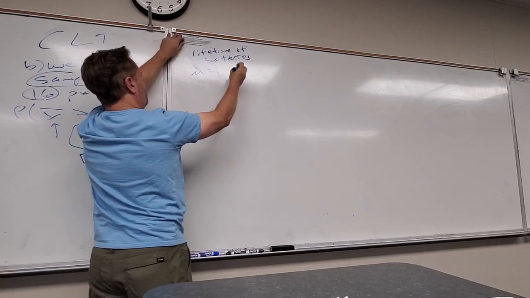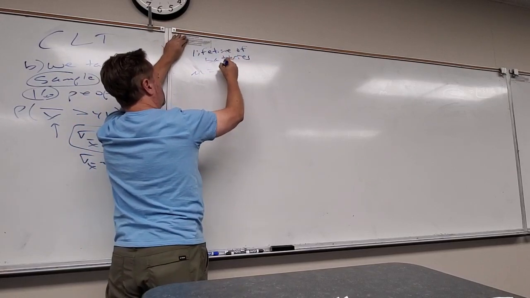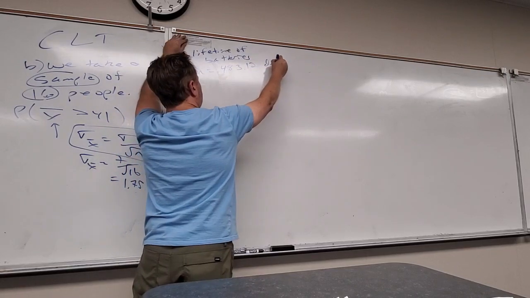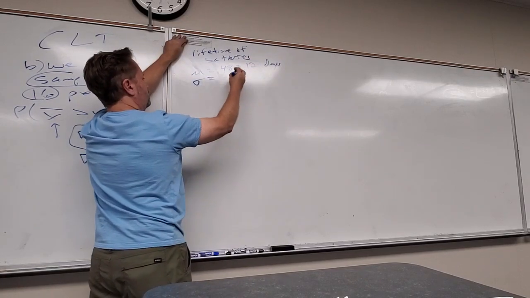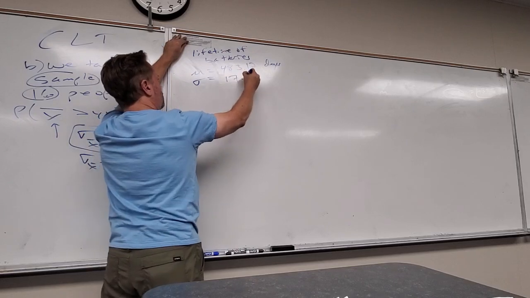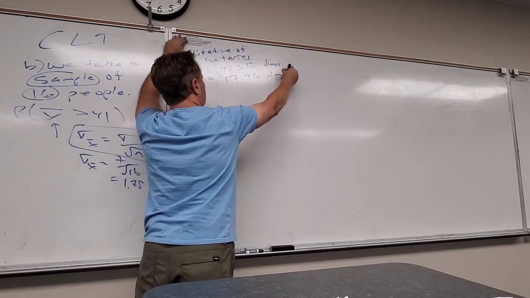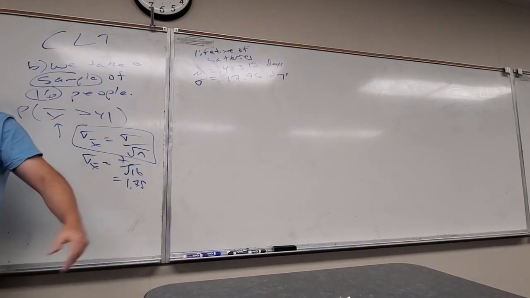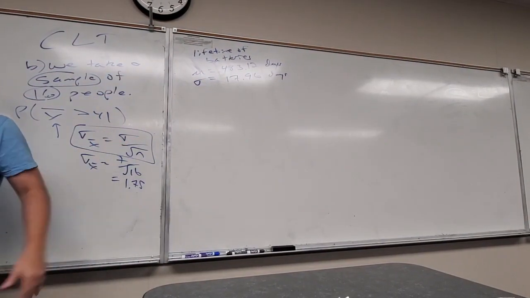So you have a mean life of 483.12 days, the standard deviation of 17.96 days. Okay. So we have batteries, they have a certain amount of lifetime. I don't know what kind of batteries they are, don't ask me.